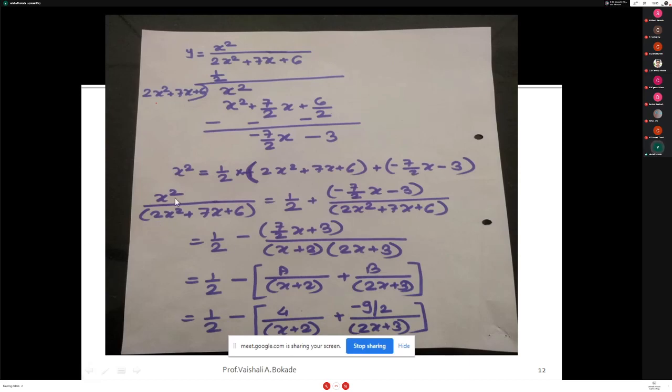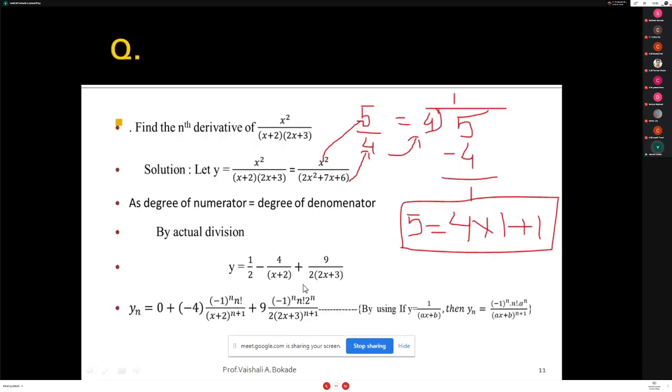So on the left hand side, my main purpose is writing the left hand side in terms of y. We are having y as x square upon 2x square plus 7x plus 6, and on the right hand side I'm getting it in our expected form. By actual division we are getting this, so this step comes.